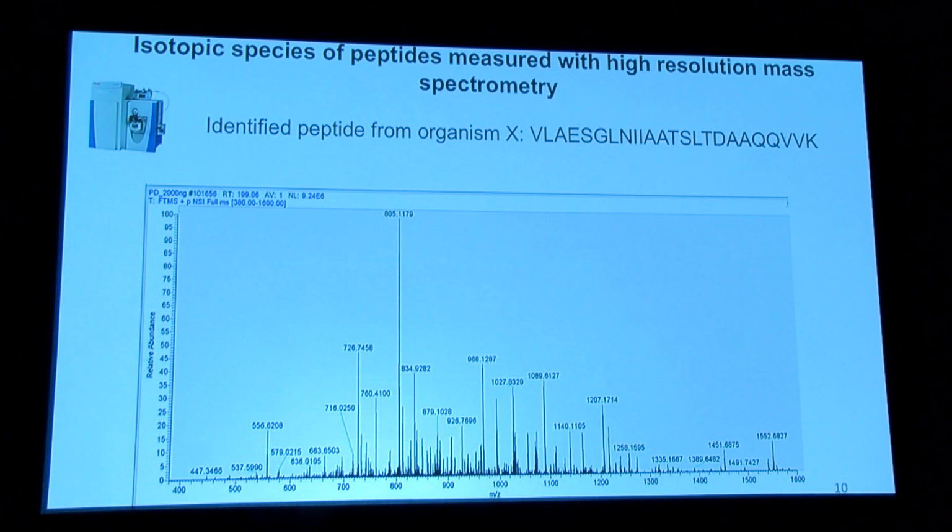Why we thought we would be able to do this is the following. We get thousands to 100,000 spectra in each metaproteomic run that we use to identify peptides and proteins. Say we get a specific peptide sequence, and we know it's identified from a specific organism, so we can make the connection to the taxonomy. When we look at one of these spectra, we see all these different peaks, all corresponding to a single peptide, so it's quite complex.